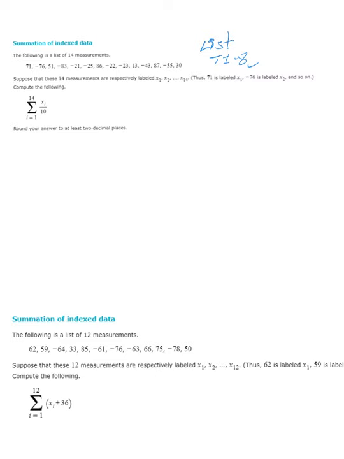What this is saying is you're going to take each of these numbers, divide them by 10, and then add them together.